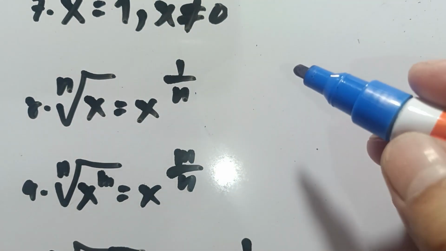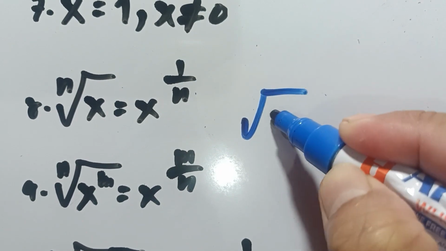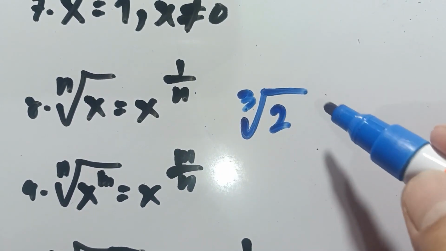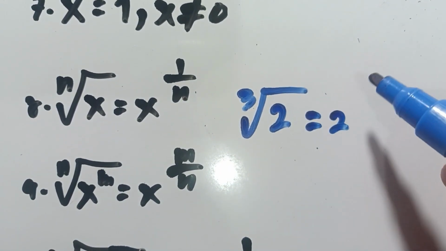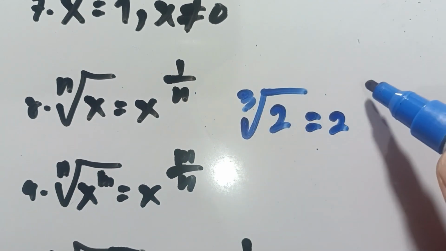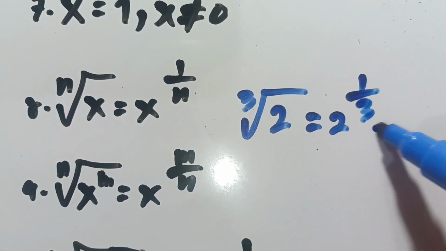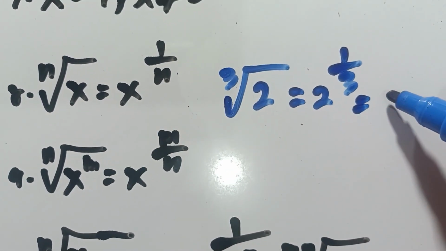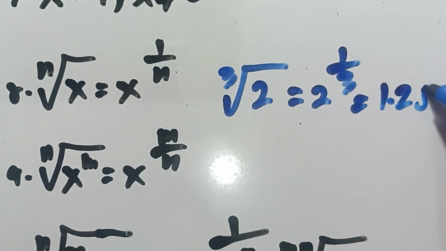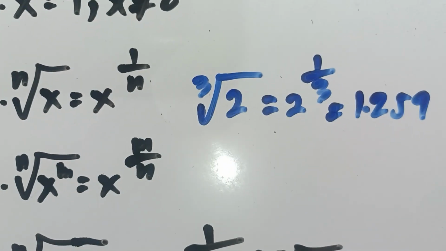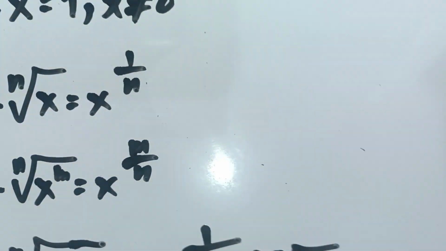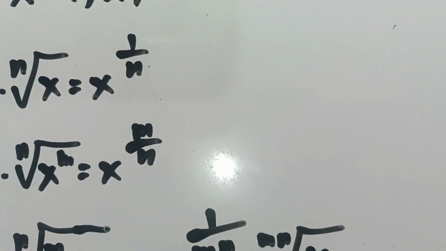And for number 3, this becomes 2, and this one will be 1 over 3, and this will become 1.259. Okay, that's based on the calculator.